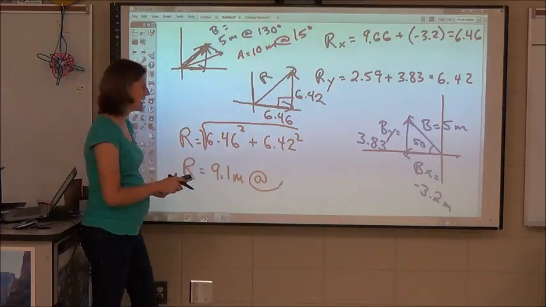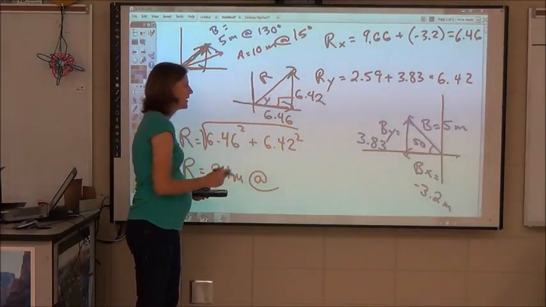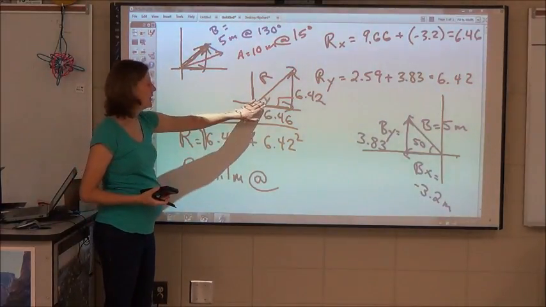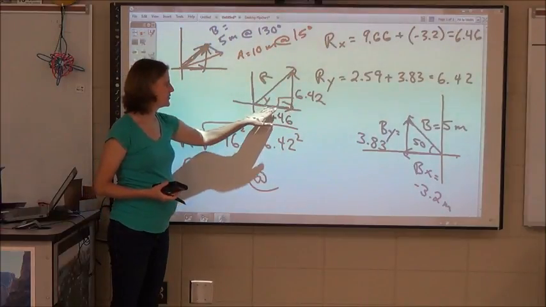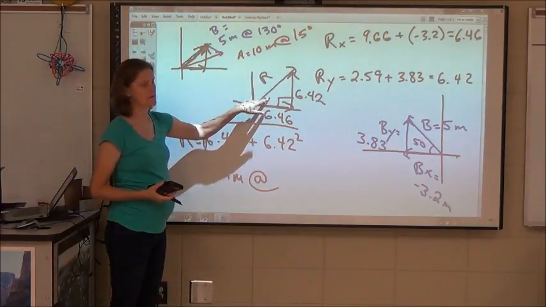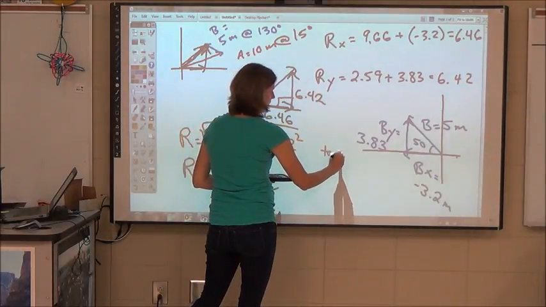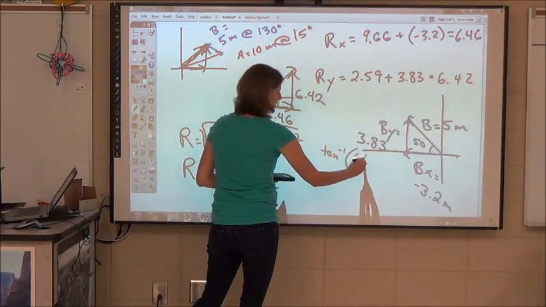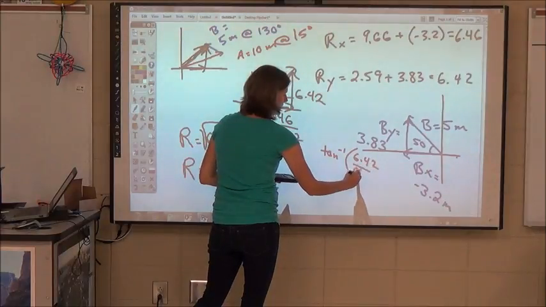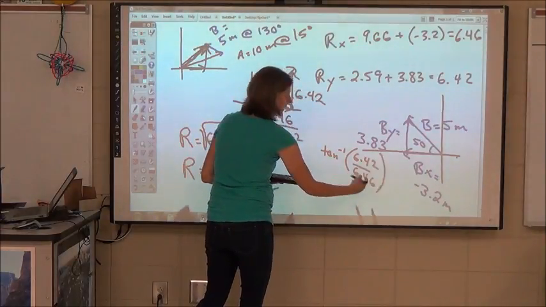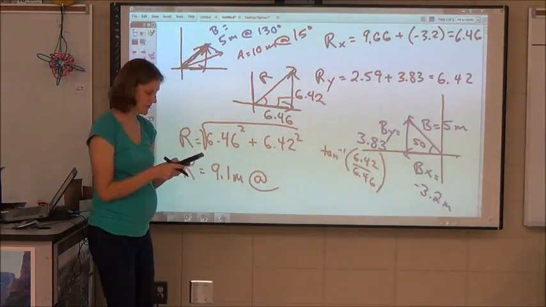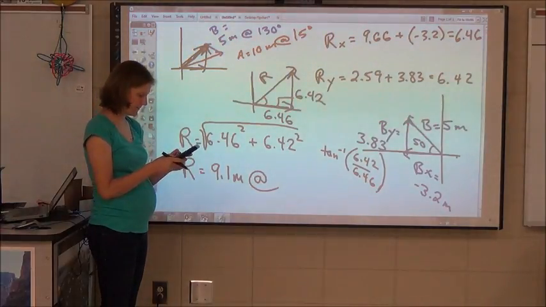And now I just lastly need a direction. So I need that angle. So I have opposite and adjacent to this angle. So I need to do tangent, inverse tangent. And since those are essentially the same, it's going to be very, very close to 45.